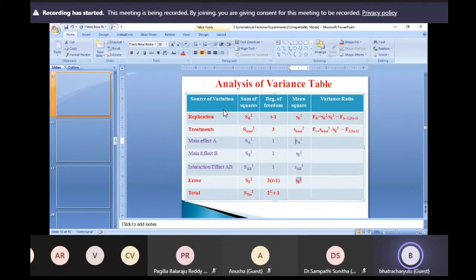Similarly, SA square by SE square, if you calculate, you can test the main effect of factor A. And SB square by SE square, you can get the effect of factor B. SAB square by SE square, you can test the interaction effect. So this is the analysis of variance for the 2 square factorial experiment.